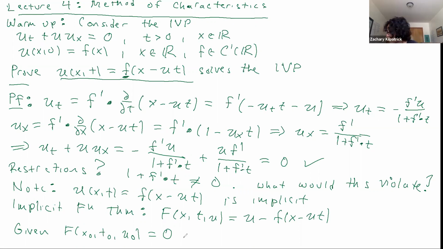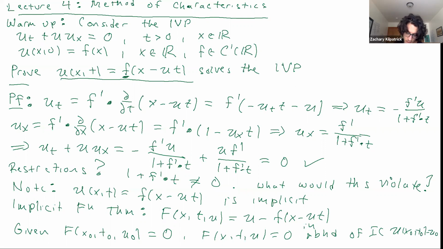Then we can ensure that F of x,t,u will be equal to 0, okay, in some neighborhood, okay, of the initial condition, u(x0,t0) equals u0, okay, given some conditions, okay?